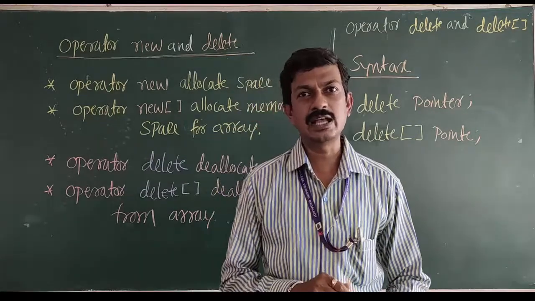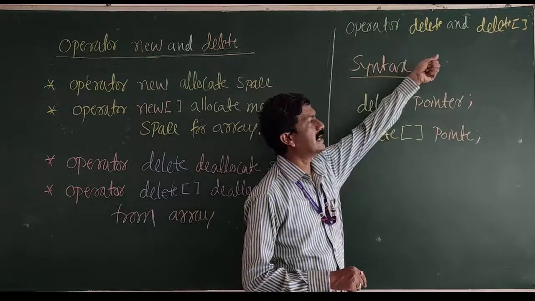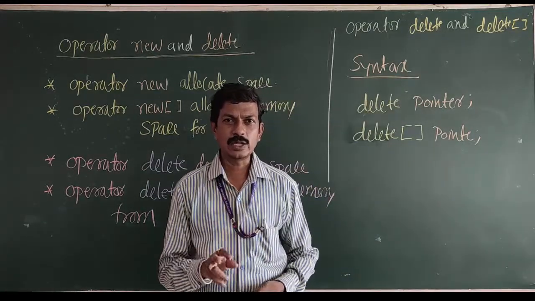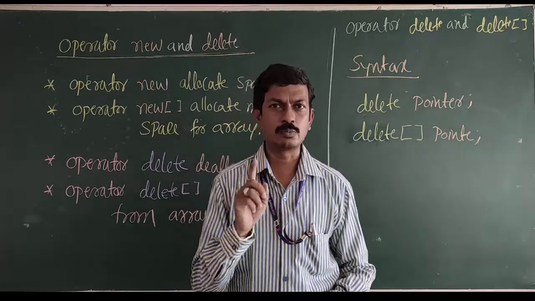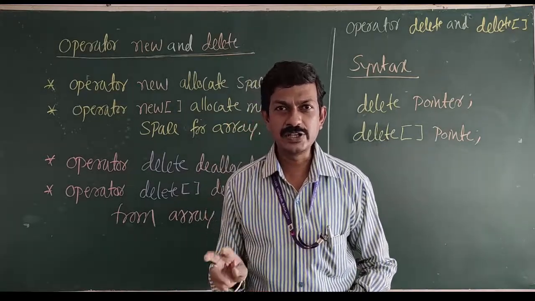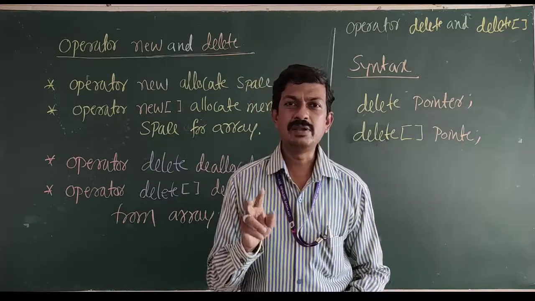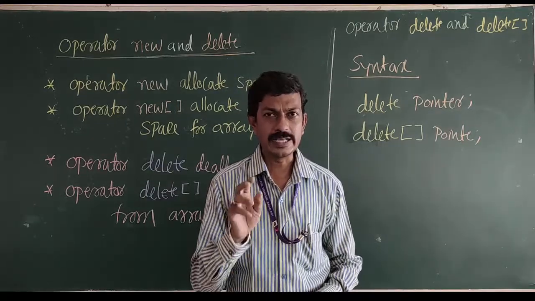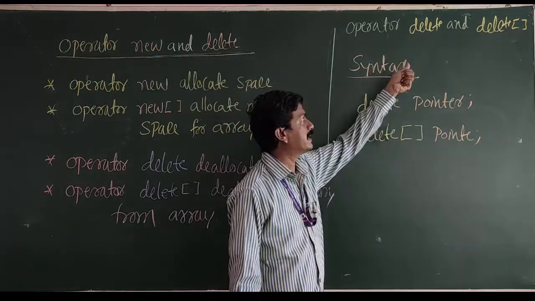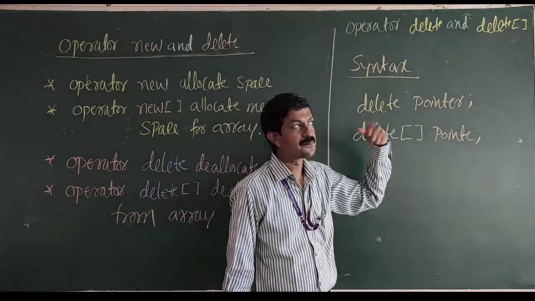That is done with the help of the operators delete and delete with square bracket. In the same way we allocate memory for a normal variable and an array variable, the memory is released or deallocated by these two different operators, delete and delete with the square bracket.